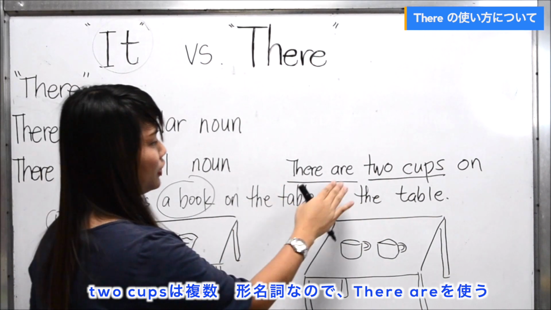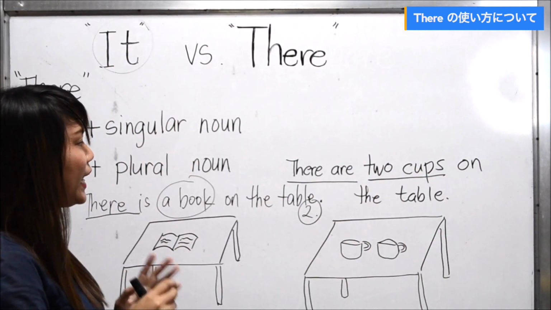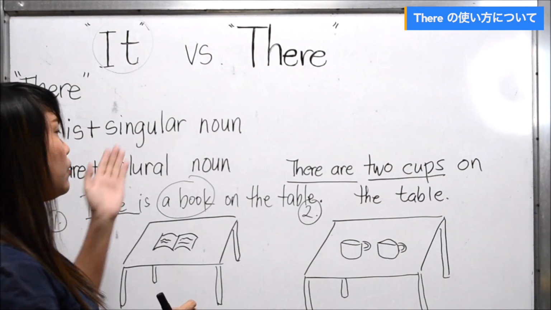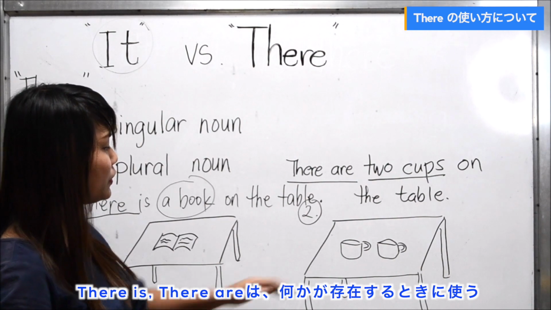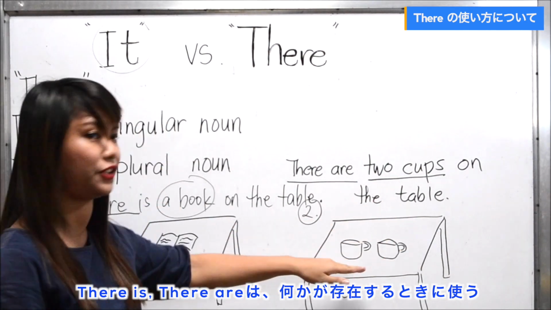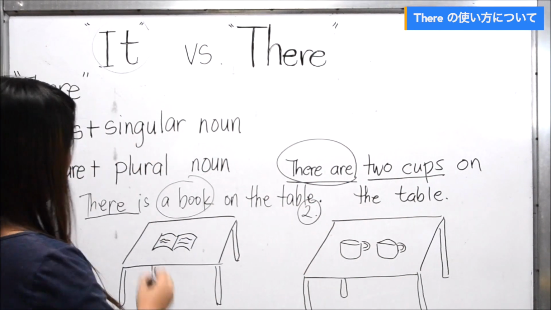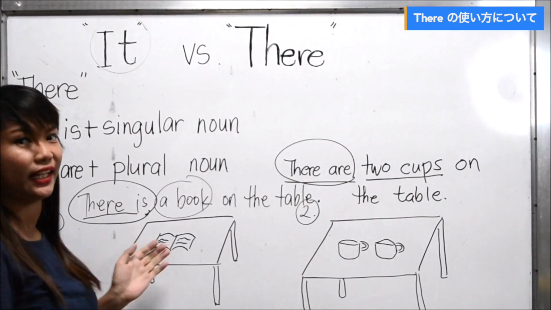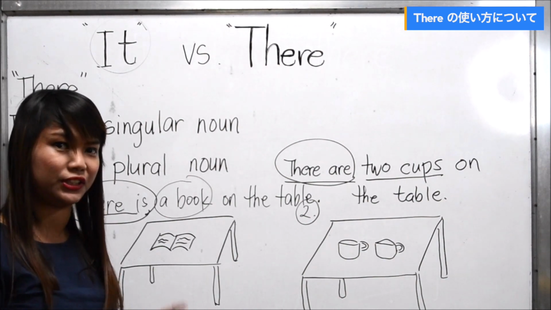So there are 2 cups on the table. Again, we have to use "there is" or "there are" to mention that something exists. Since you can see that there are 2 cups on the table, we can use this pattern. There is and there are. Okay? Do you have any questions? Can you understand?